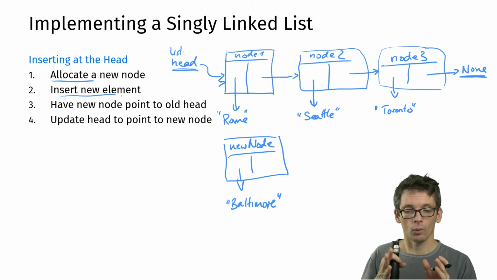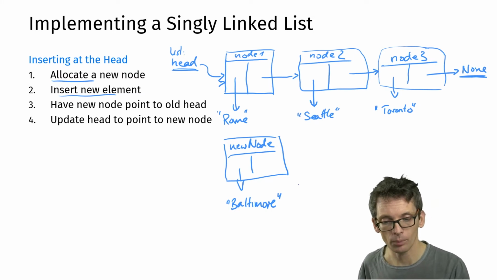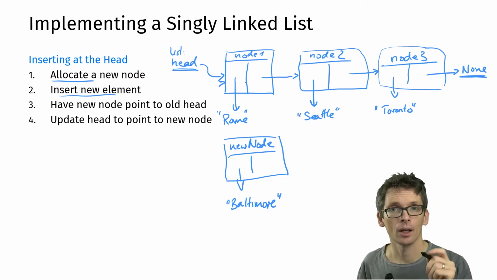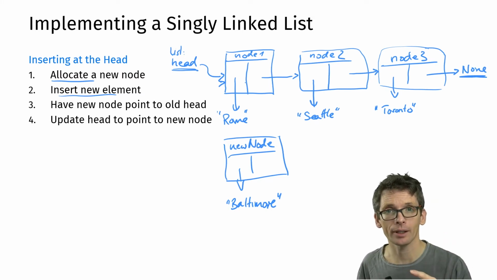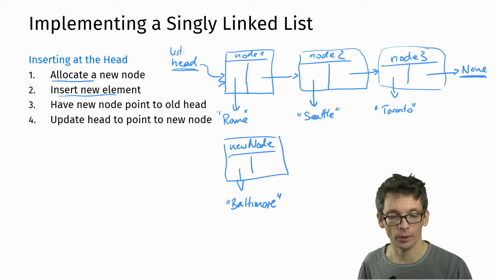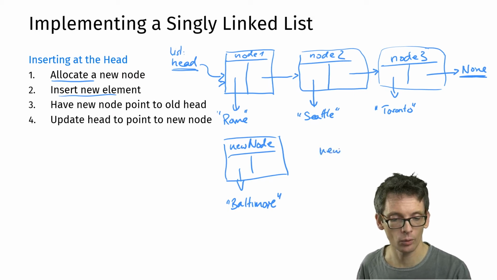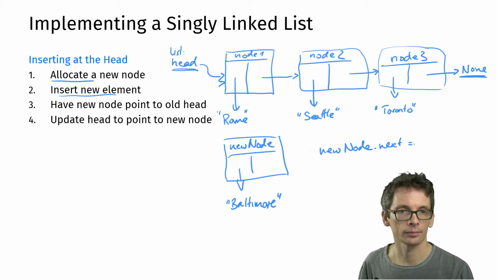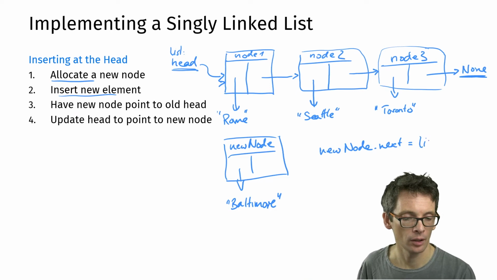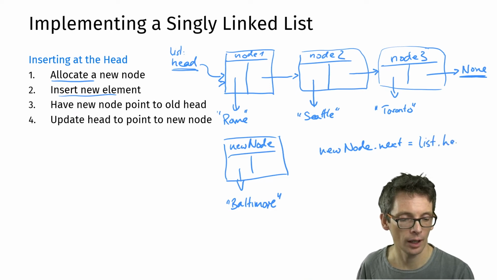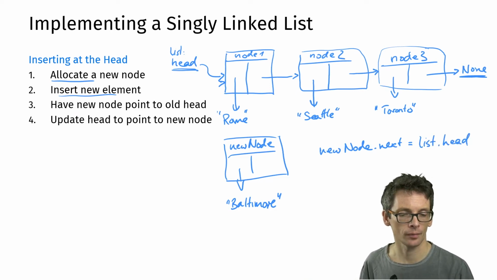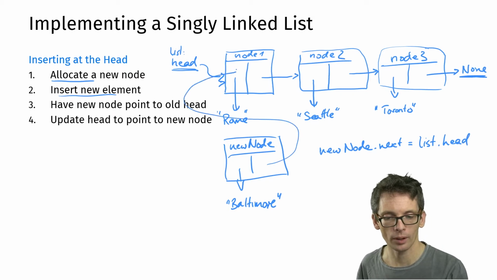Now, what we want is that this node points at node 1, the current head. So what we can simply do is say that the next of new node, new node next, should be head, the head of the list. And this way we now point here.